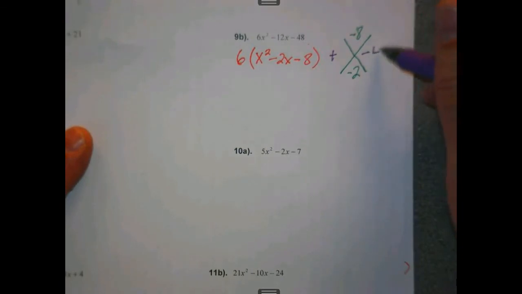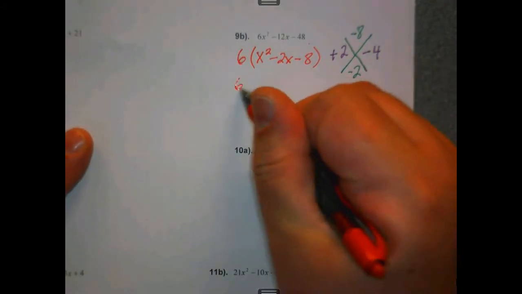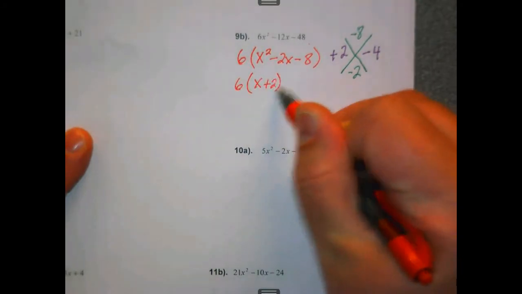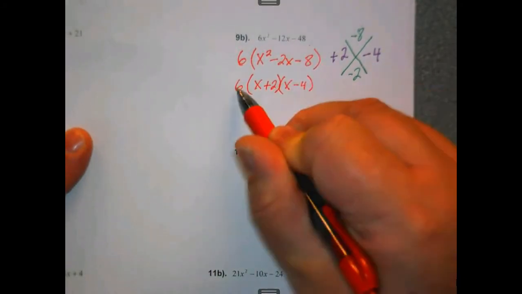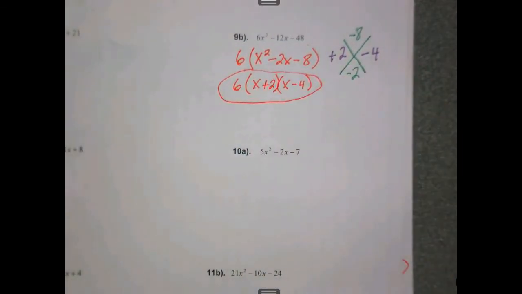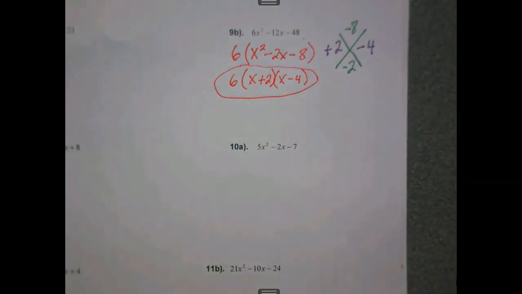Okay, yeah, 4's got to be negative 2. Good. So my factors, factor form, x plus 2 and x minus 4. Don't forget the 6 out in front. Yep, we factored out 6.